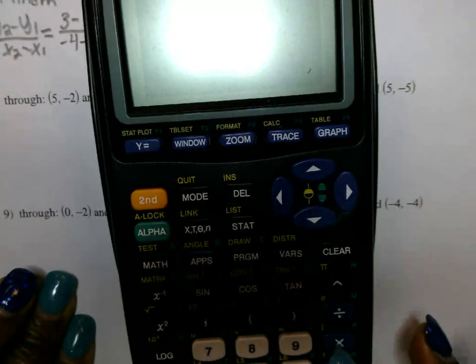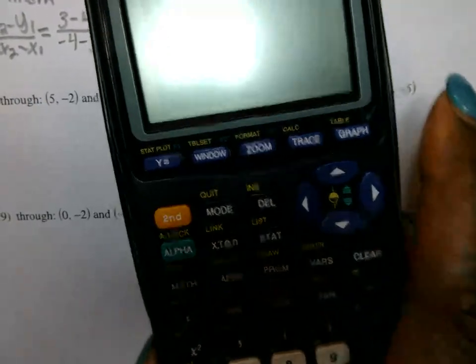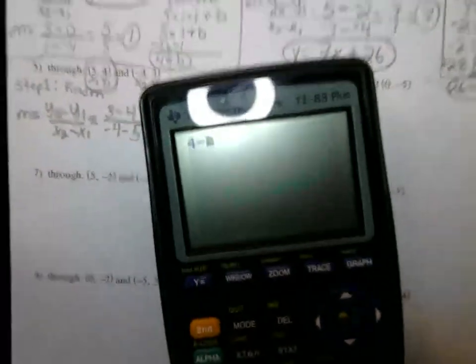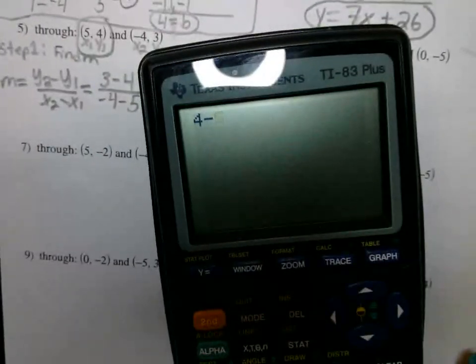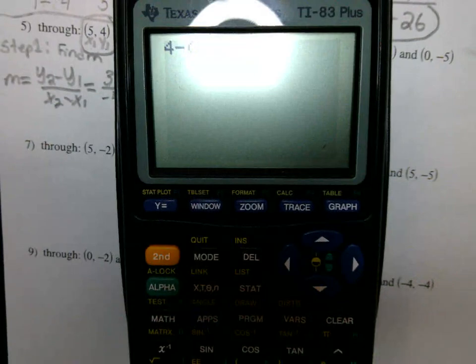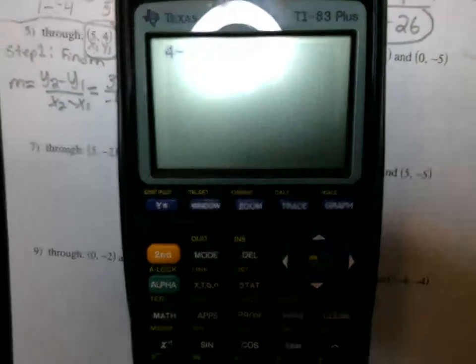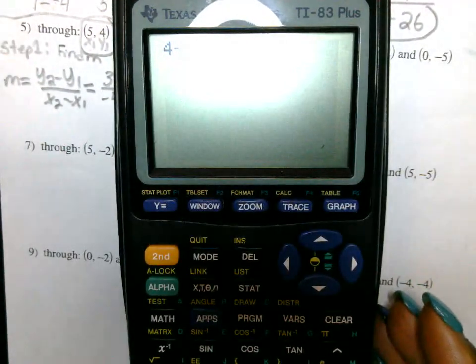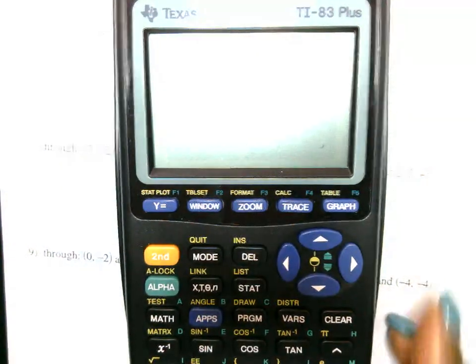So press the minus button. How do you type in the fraction 5 over 9? What do I press first? Parentheses. Then what? 5 divided by 9, close parentheses.